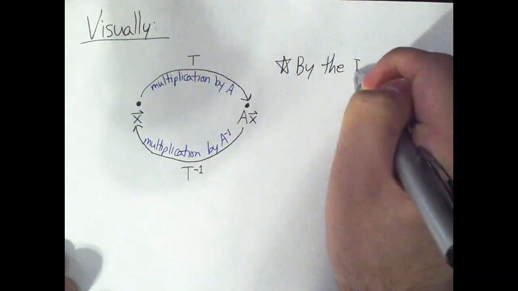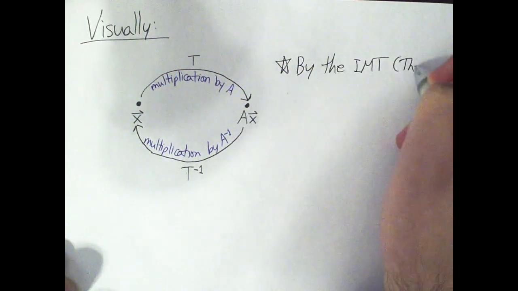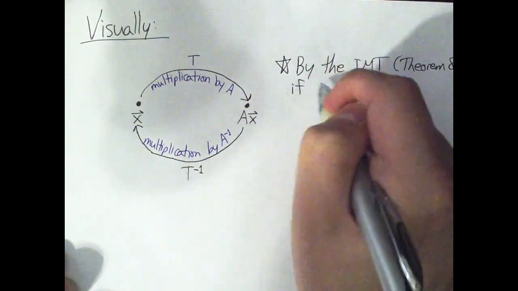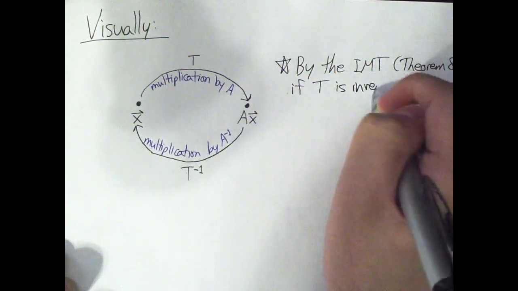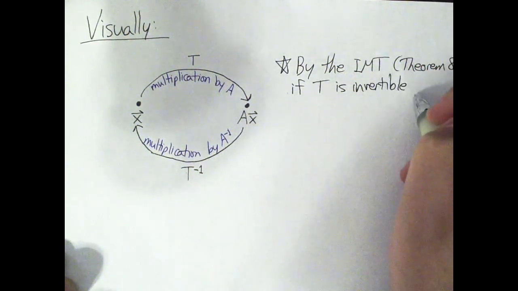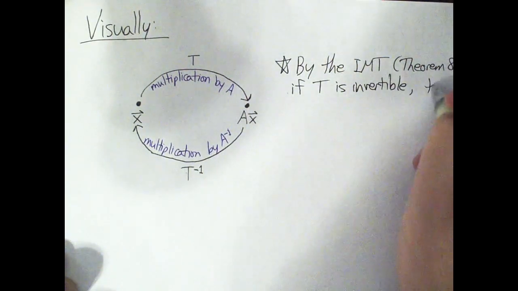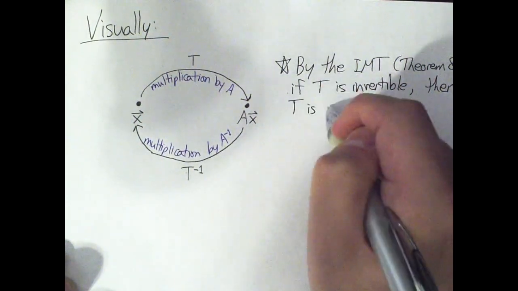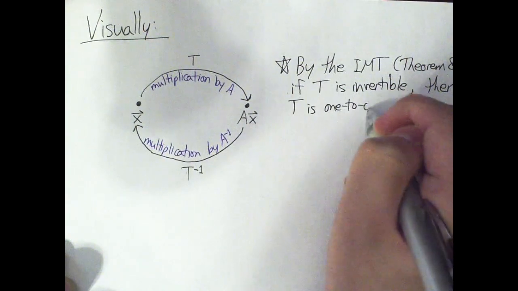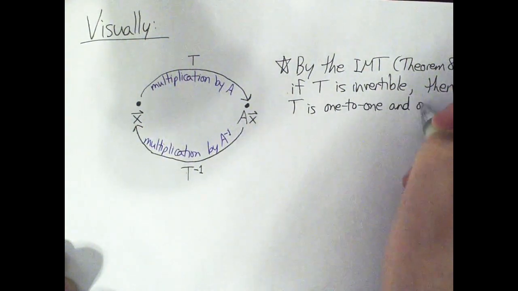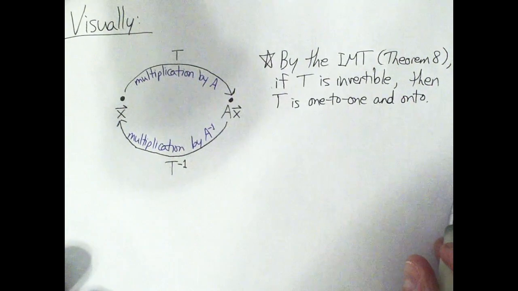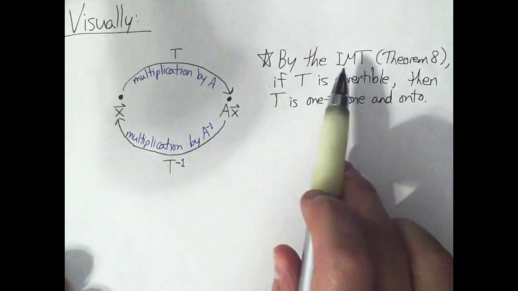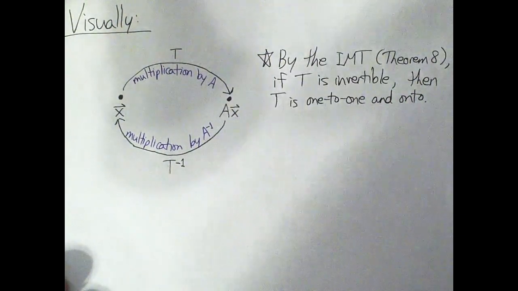By the IMT, Theorem 8, if T is invertible, then T is 1-to-1 and onto. We said that already, right? This is according to the IMT, so I mean for square matrices.